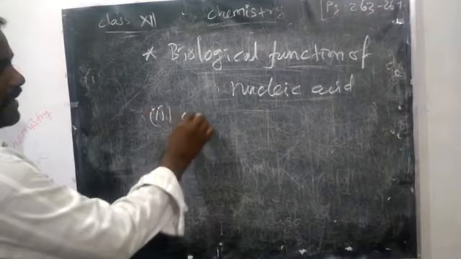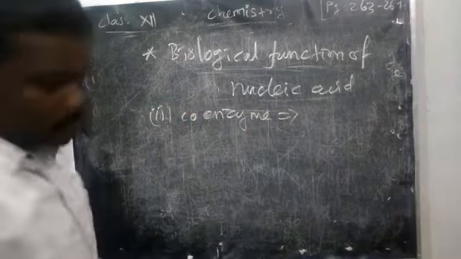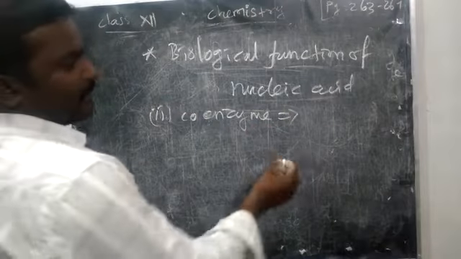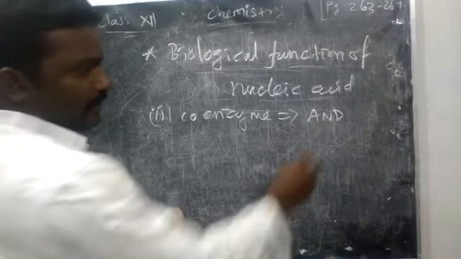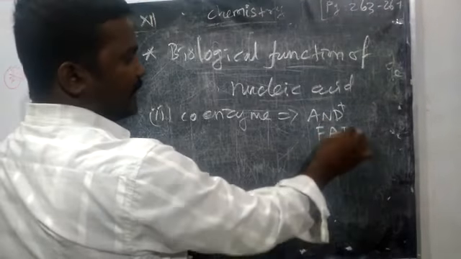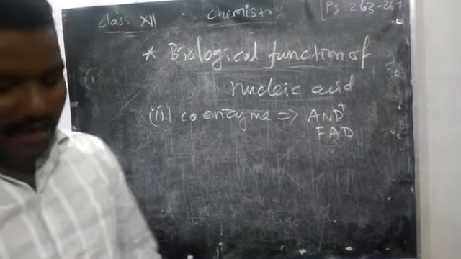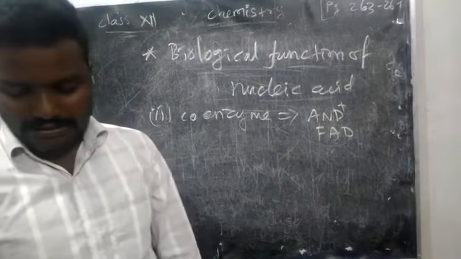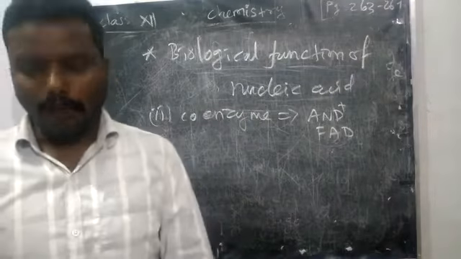That coenzyme is also denoted with different symbols, NAD as well as FAD. All those are present, that's why we have this longest structure. Just follow the book for the structure, because if I write it will take a long time.